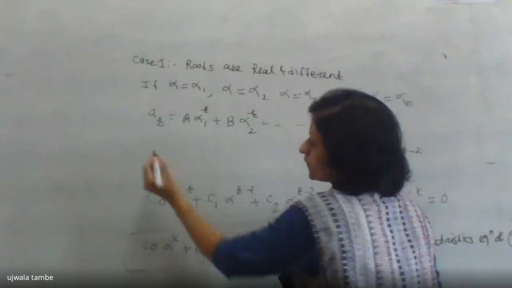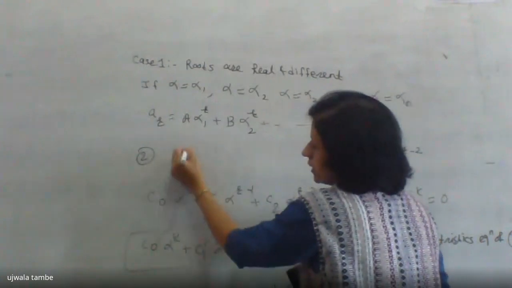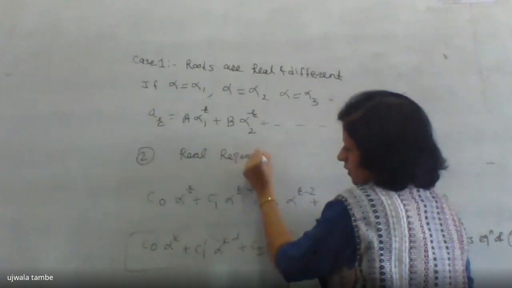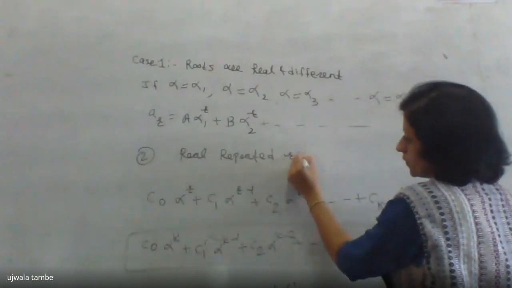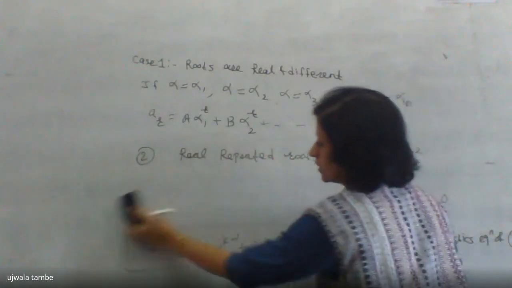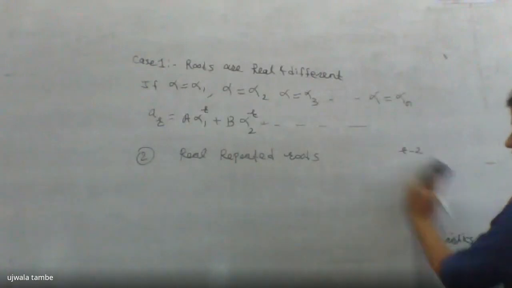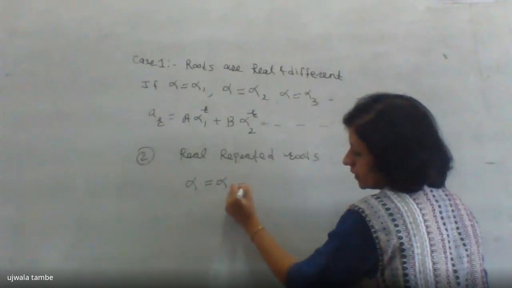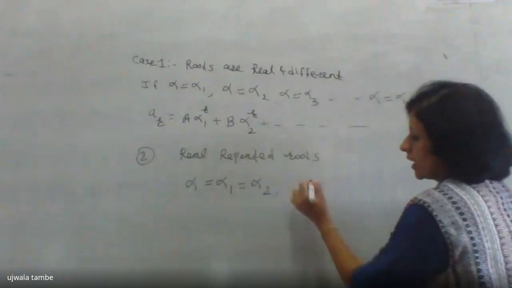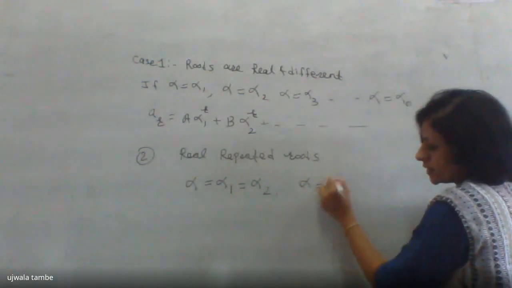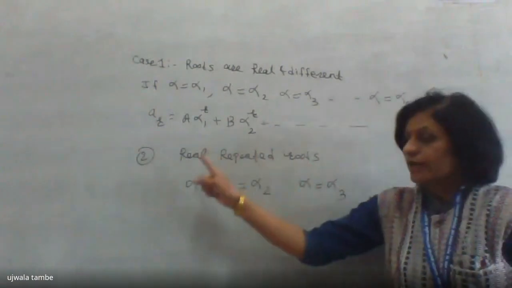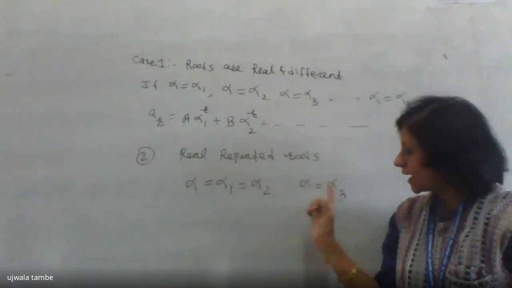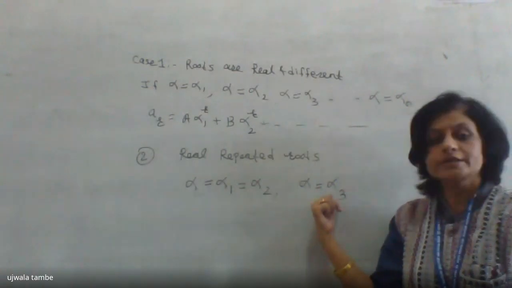Case 2 is real repeated roots. If alpha is equal to alpha 1 is equal to alpha 2 and the next root is alpha 3, alpha 1 is equal to alpha 2 and the last root is different.